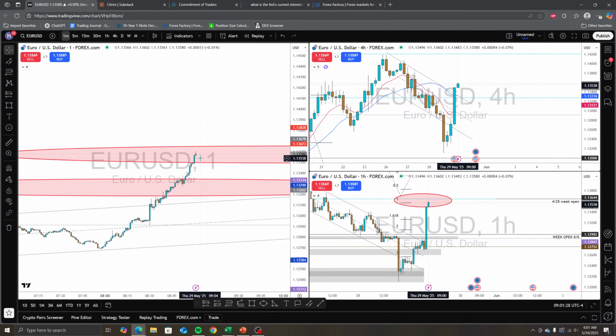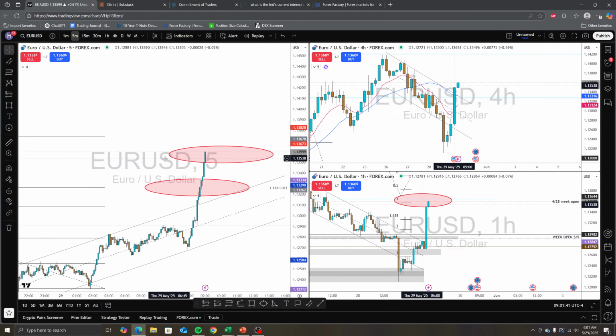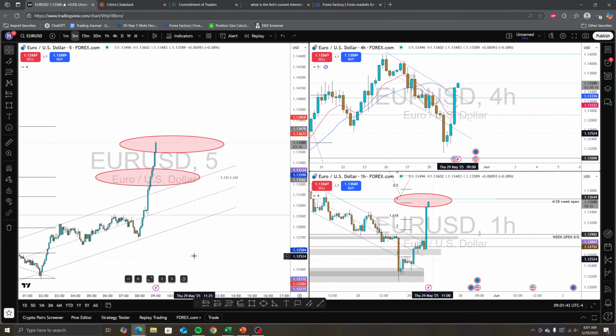Oh, I kind of already tapped it. Yeah, the high is 1.3602. So I already touched it, and it seems like it's holding up.